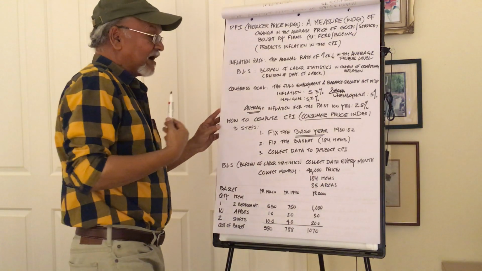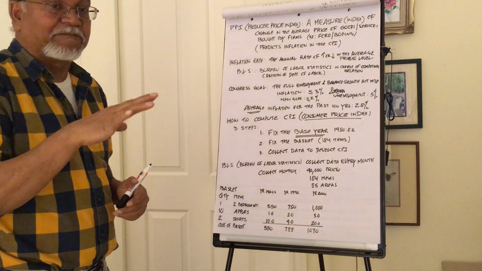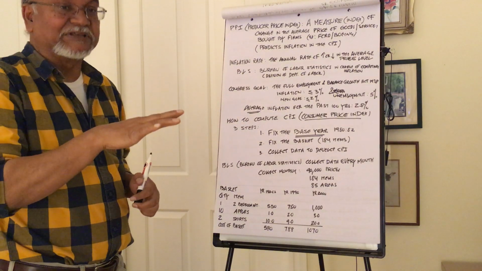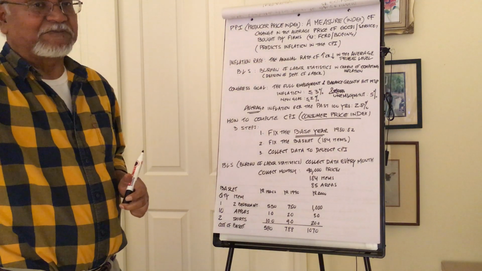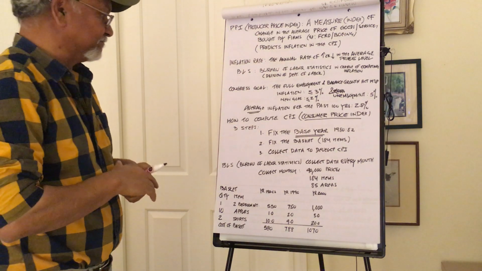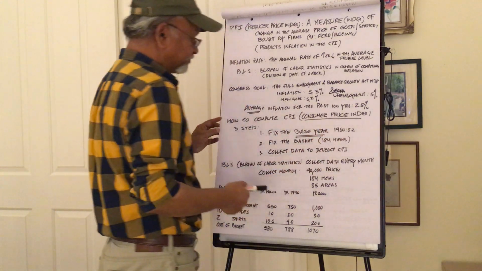We have set our base year as 1980-82. That means the prices prevalent in 1982 on average is what we use as the base year, and then we compare from then on whether the price level has gone up or gone down. So fix the base year, and our base year is 1980-82.